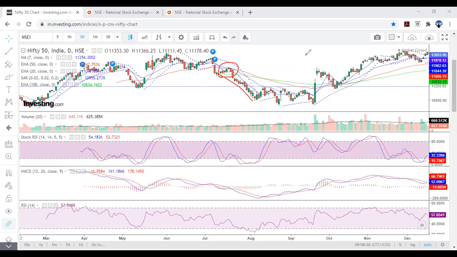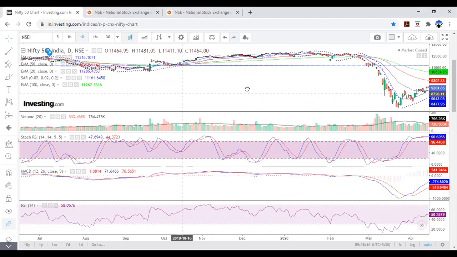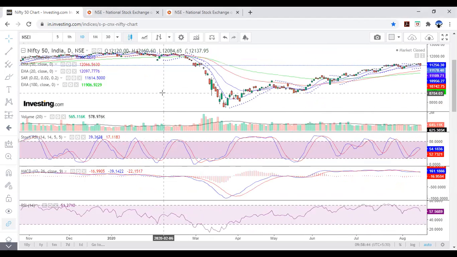This will generally happen on the index a minimum of 1 to 2 times in 1 year. Or in the same situation, you can take the exit from the stock at the correct time, like many members having Yes Bank. If they were using this type of signal and exited at the correct time, they may have saved their money by taking exit at the correct time.